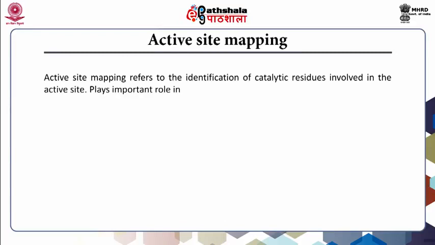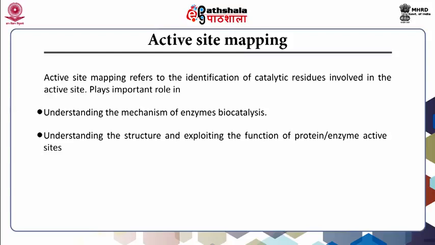Active site mapping refers to the identification of catalytic residues involved in the active site. The relevance and the applications of active site mapping are outlined below. Active site mapping often plays an important role in contributing to the understanding of the mechanism of how enzymes perform biocatalysis, and in understanding the structure and exploiting the function of proteins or enzyme active sites.